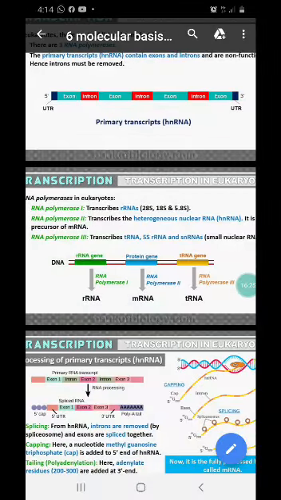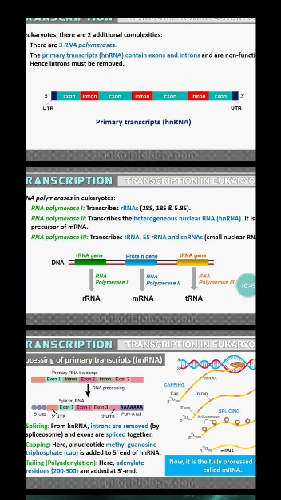Now, what are the 3 processes which have to be undergone by hnRNA to become mRNA? It is splicing. What is splicing? Splicing is nothing but the exons are brought together and the introns are removed. Introns are removed and all the exons are connected together to form a coding sequence. That is splicing.